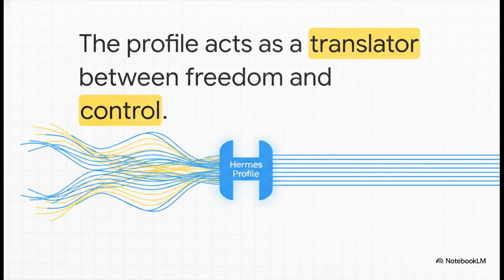By utilizing a specific Hermes profile, Ruth is granted the precise flexibility she requires from the agent inventory to manage her specific workflow effectively. However, because her flexibility is administered exclusively through this defined profile structure rather than just as open-ended access, the underlying system is able to keep companies' broader computing and deployment costs strictly managed. The profile essentially is the translator. It sits right between Ruth's need for freedom and the system's need for control.